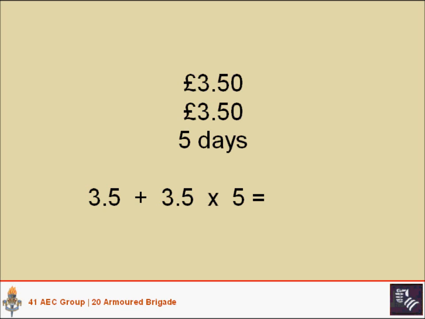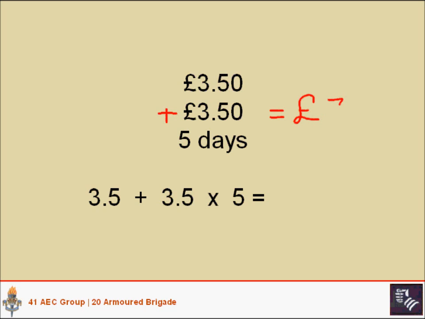For example, if you have to work out the cost of travelling to and from work every day, your calculation might look like this. It costs you £3.50 for fuel to travel to work, and the same to travel home again. So 3.50 plus 3.50 equals 7. So it costs £7 a day.